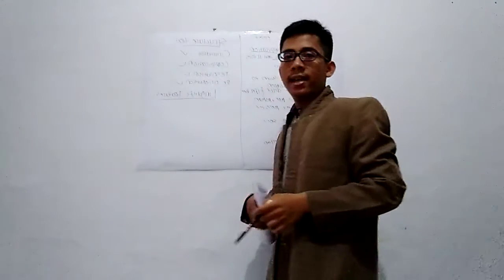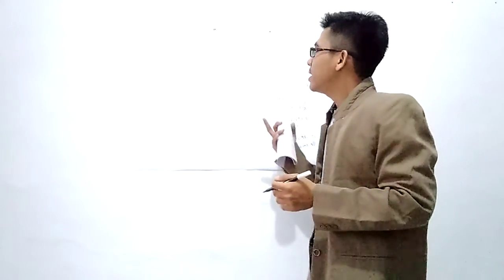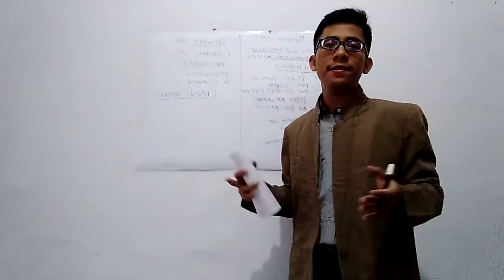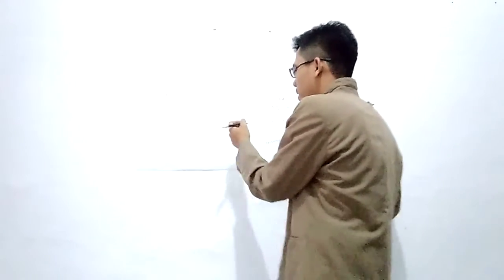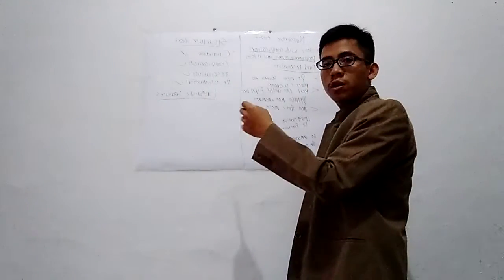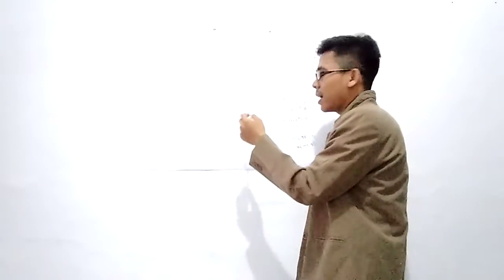Orientation is when the story happened, when the story occurs, and usually it introduces the participants in the story. You can find orientation in the beginning paragraph. In the beginning paragraph, commonly you can find the introduction of the characters, the participants.